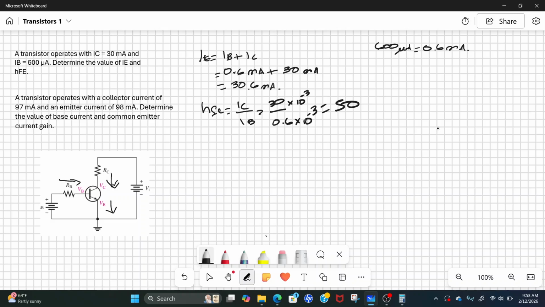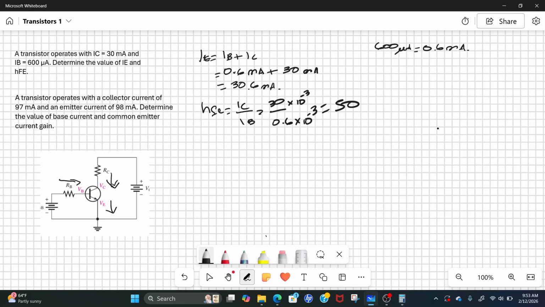It says a transistor operates with a collector current of 97 milliamps and an emitter current of 98 milliamps. Determine the value of the base current and common emitter gain. Again, we're working with the common emitter configuration.